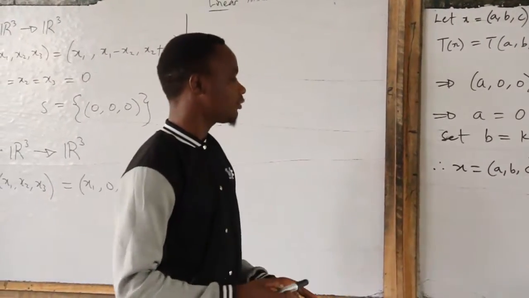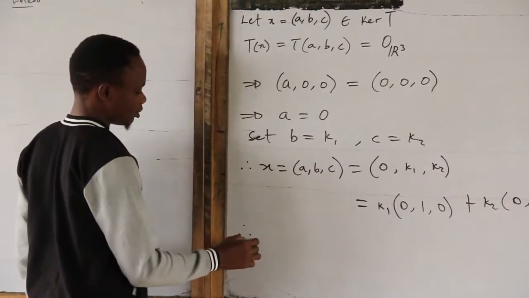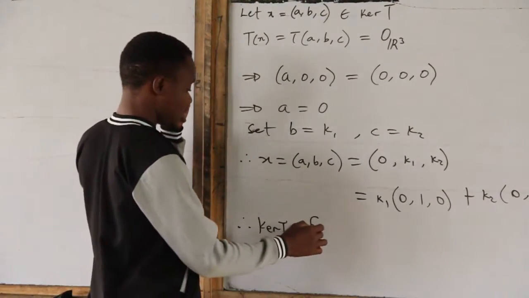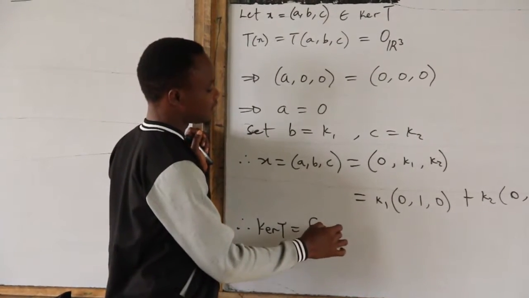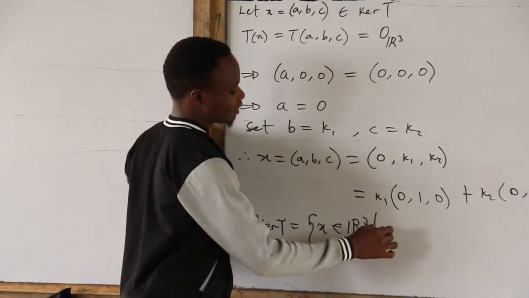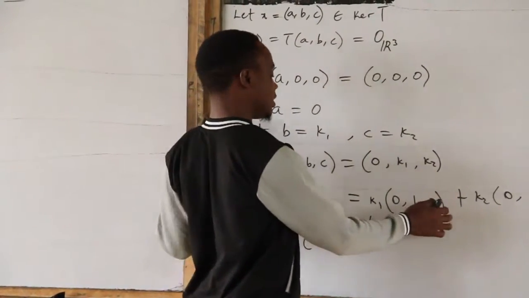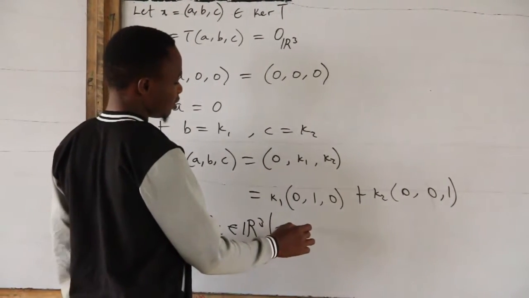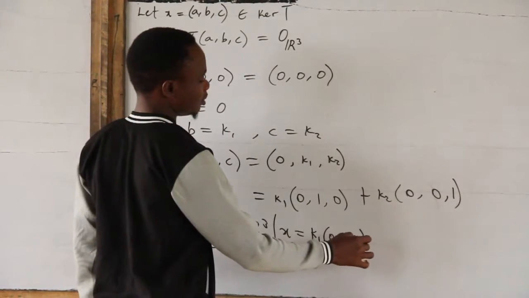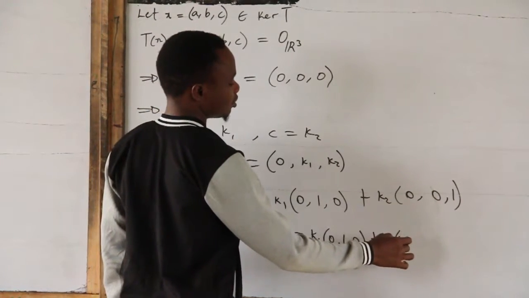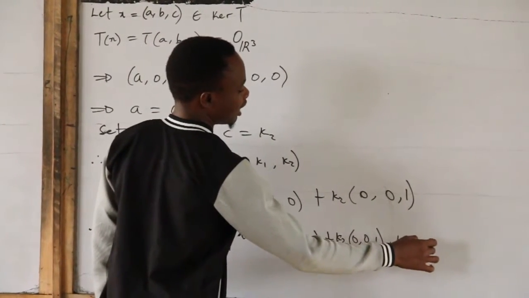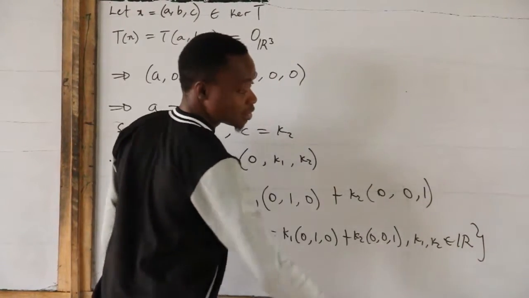Alright. So therefore ker T is equal to the space containing elements x, which are all vectors in R^3, such that x is equal to a combination of these two: x is equal to k1 into 0, 1, 0 plus k2 into 0, 0, 1, where k1 and k2 are any real numbers.